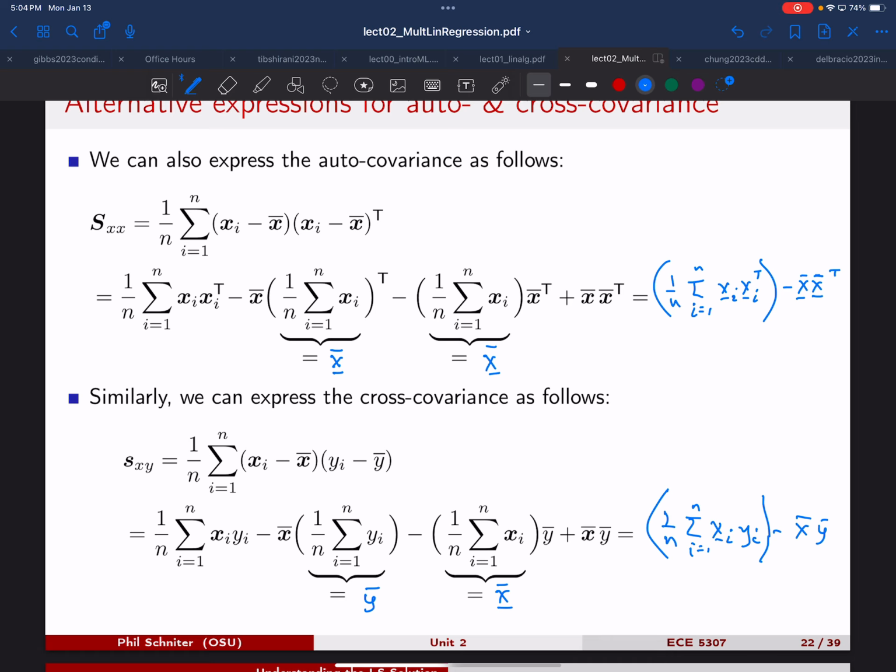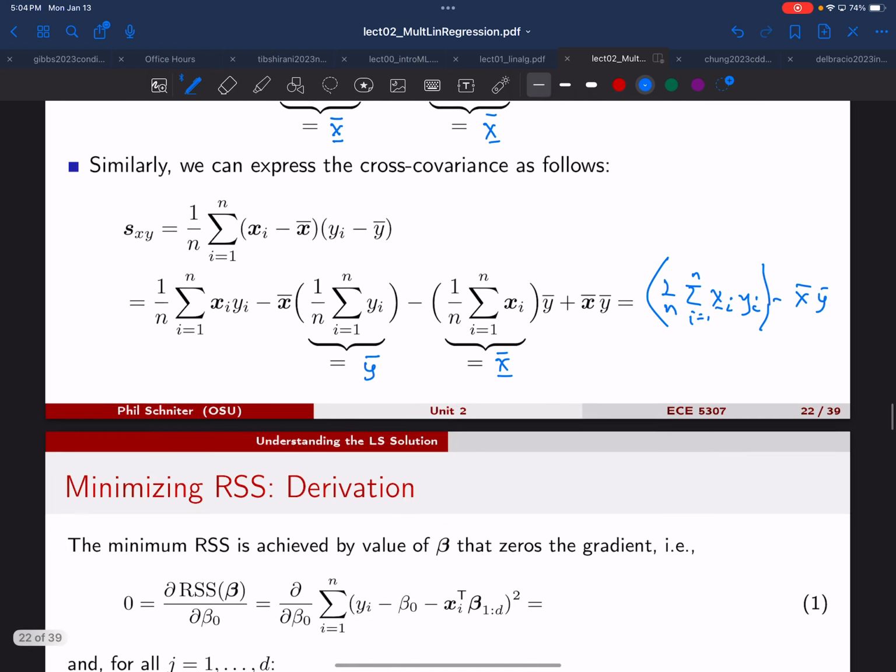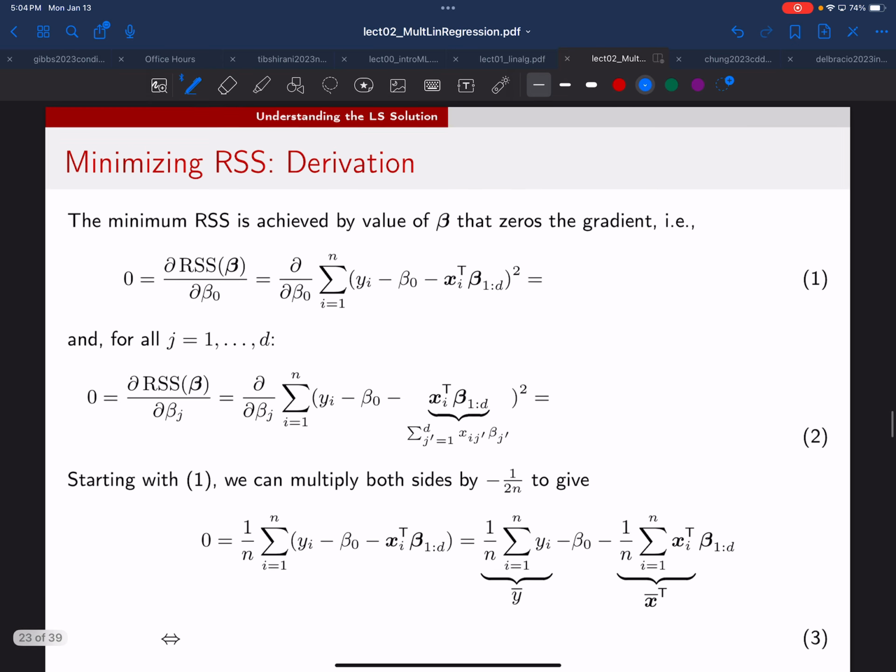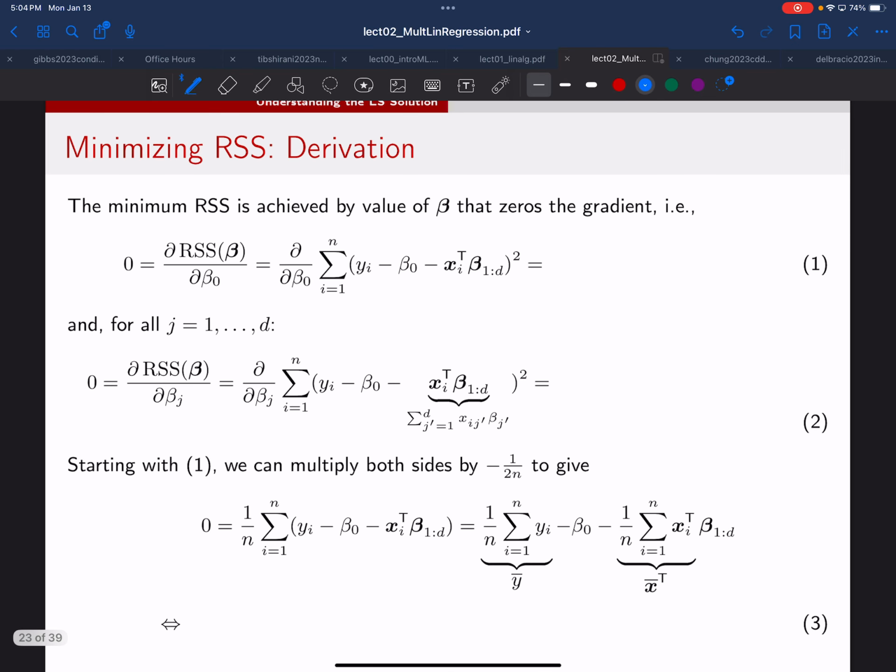Okay, is everybody good with this? Okay. So the next thing to do is to do our partial derivatives again. I think we have time for the first one. So we want to take the partial derivative of our RSS with respect to beta naught.